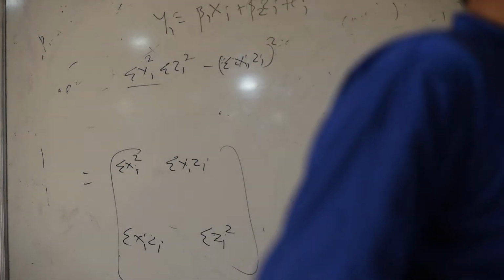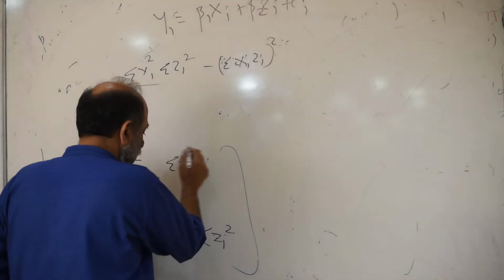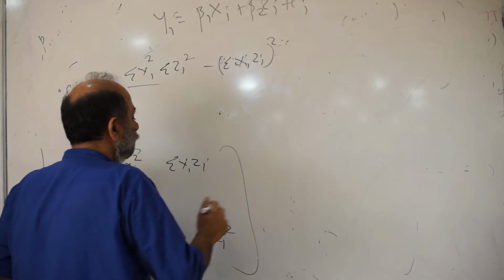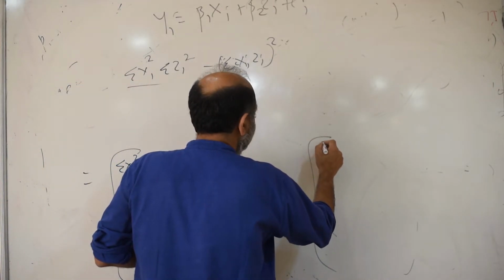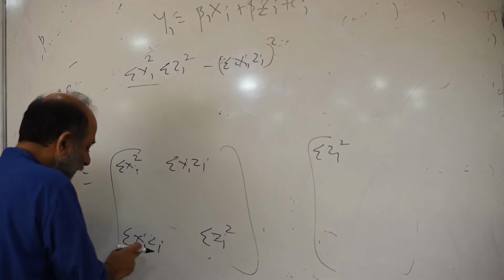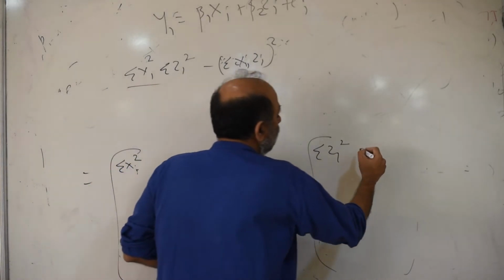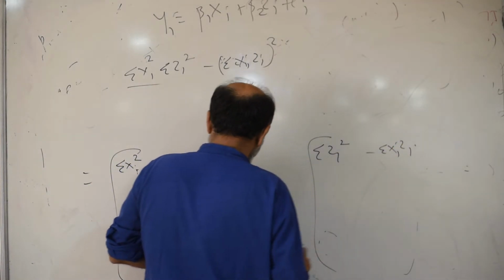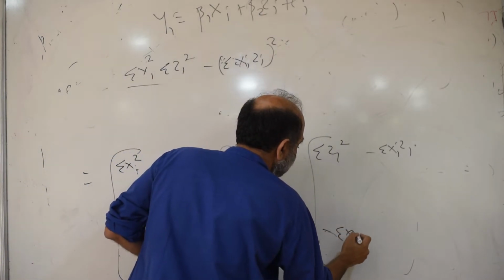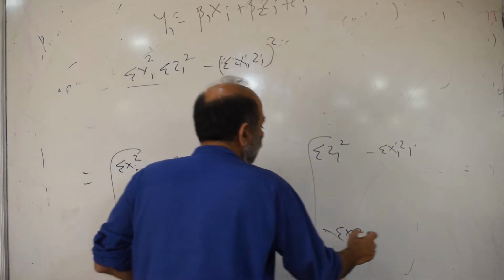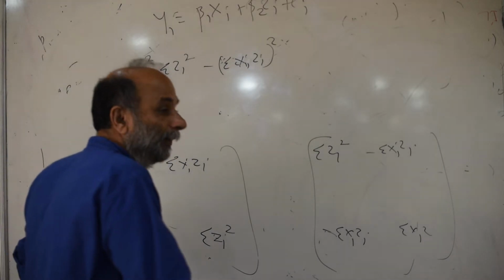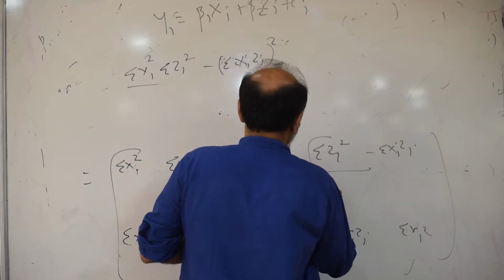Good. So we will first take this out and put it here, its sign will be positive, because this will be summation zi square. We will cut this, keep this, and put a minus, right? Similarly we cut this, and this remains. And finally we do this, right? And this has to be divided by this quantity.